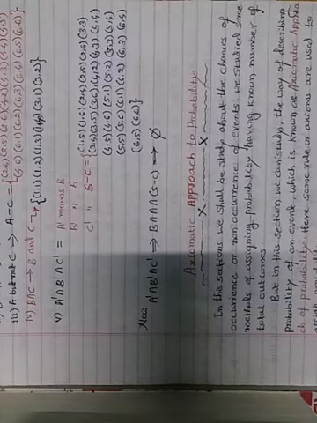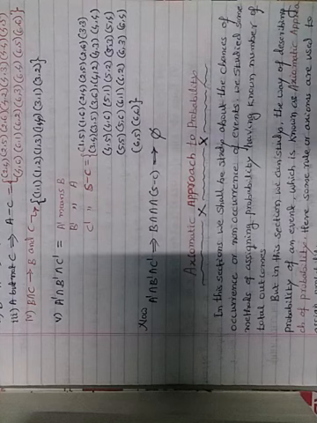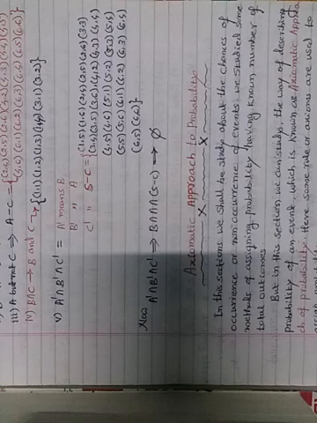Now we shall continue the probability. In that probability, the axiomatic approach to probability topic. Already we know the definition of the axiomatic approach and the three important points regarding satisfying the axioms of the axiomatic approach.